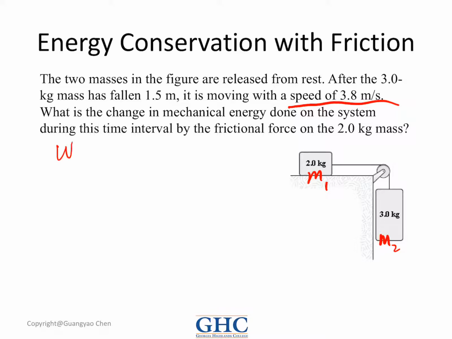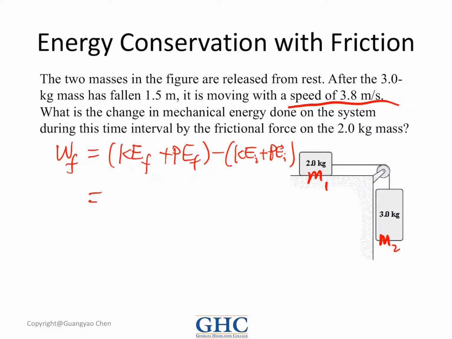So the work done by friction should equal the change of mechanical energy. So you need to find the final mechanical energy of the system, subtract the initial mechanical energy of the system.